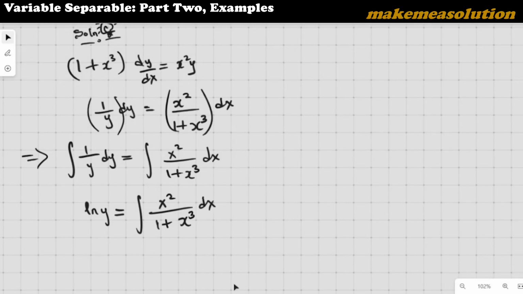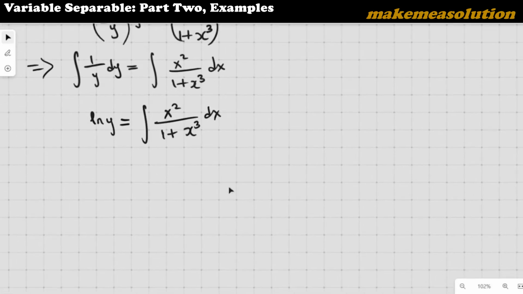Okay, so now we want to integrate this particular right hand side. So remember that trick that we've always been looking at from the start. Assuming you want to differentiate 1 plus x cubed, what are you going to get? You're going to get 3x squared. Isn't that right?